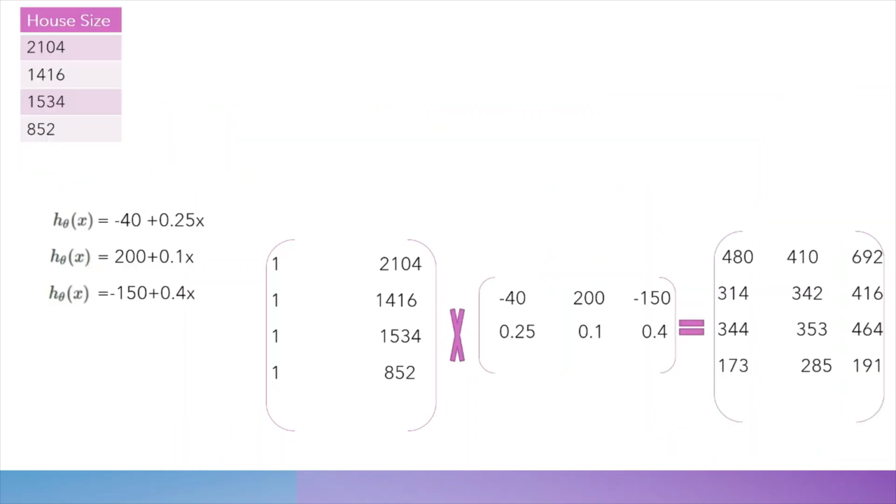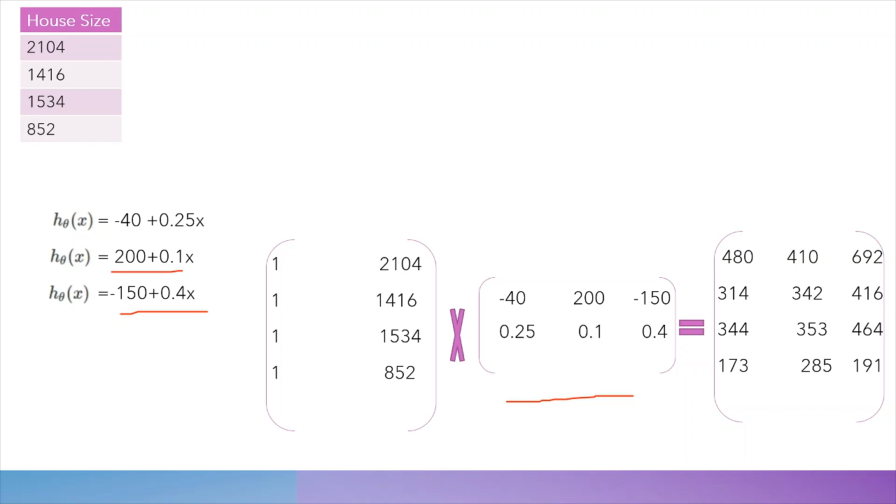So now consider this one over here. I took two more hypotheses. Okay, so 200 plus 0.1x and minus 150 plus 0.4x. So I added two more hypotheses over here, and again I represented all of these hypotheses in the matrix form like over here, and I do the matrix multiplication.